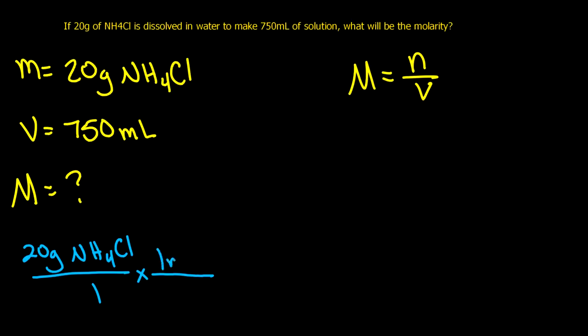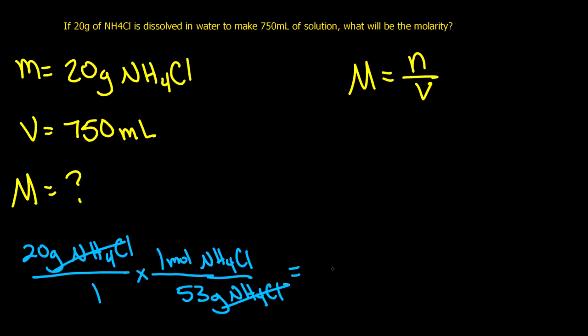So 1 mole of NH4Cl is going to be 53 grams of it. Grams cancels out. So 20 times 1 divided by 53 says I got 0.38 moles of NH4Cl.